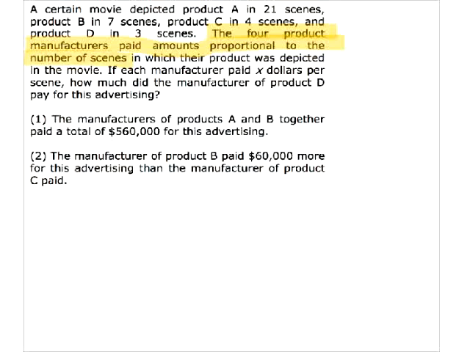Can anybody tell me what does that mean? Text box, if you guys know what that means, go ahead and type an explanation in the text box, please. What does it mean proportional to these other numbers?